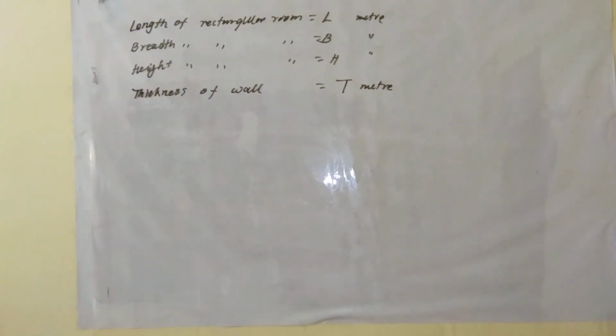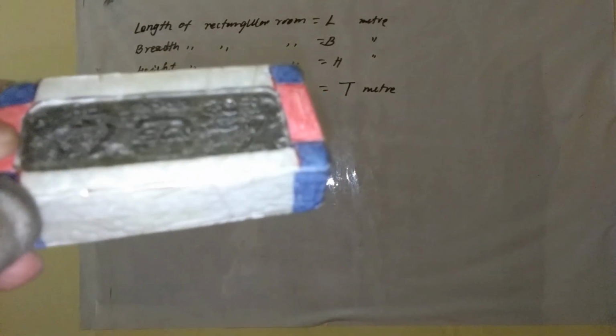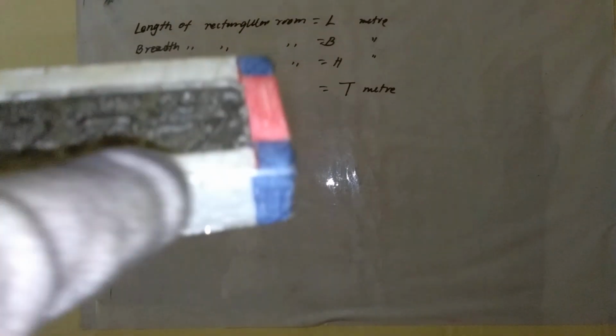So look here, this is the length of the rectangular room, right? Since this is the length, this is the length L, okay, fine. But look, this portion is the thickness, this portion is the thickness. So total length becomes length plus thickness, thickness 1, thickness 2.